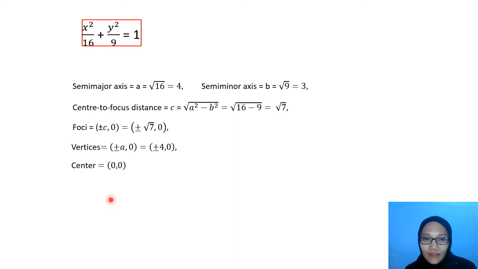For the vertices, we have the value of a, so the coordinates for the vertices are plus or minus a, 0, which is plus or minus 4, 0. From this equation we know the center is at the origin, so the center is (0, 0). That's all from me. Thank you.